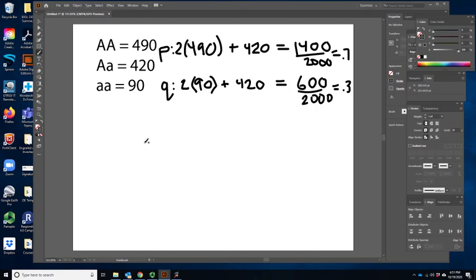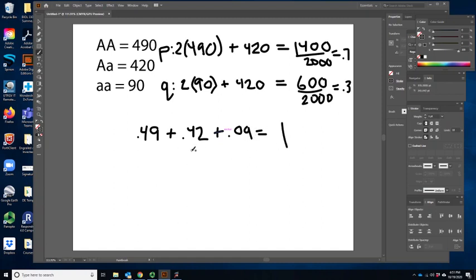I won't write the equation again, but 0.7 squared is 0.49, right? 0.7 times 0.7, plus 0.7 times 0.3 times 2. That's going to be 0.42, plus 0.3 squared, which is going to be, oops, let me add that, that should be a plus, not an equals. It's going to be 0.09. And again, this is always going to sum to 1.